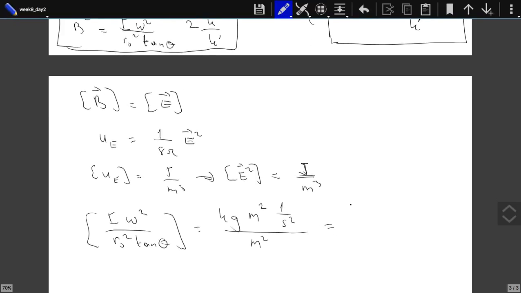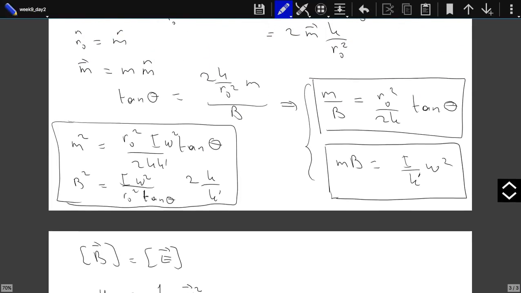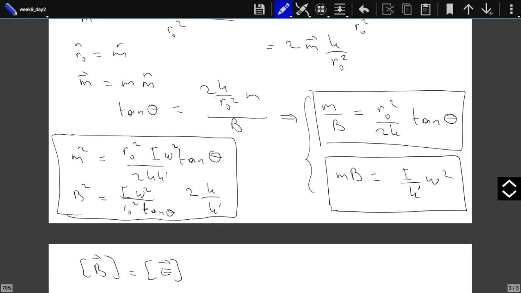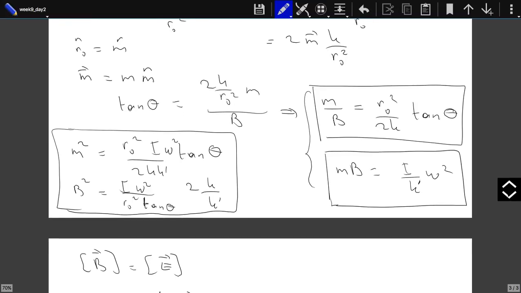So this is kilograms meters per second squared divided by meter squared. Well, kilogram meters per second squared is joules per meter squared. Did I forget some factors over here? No.